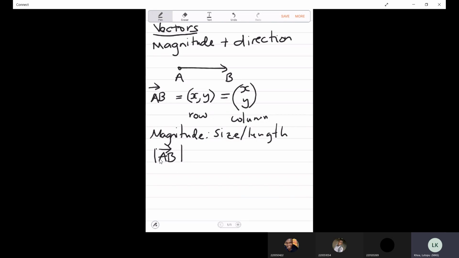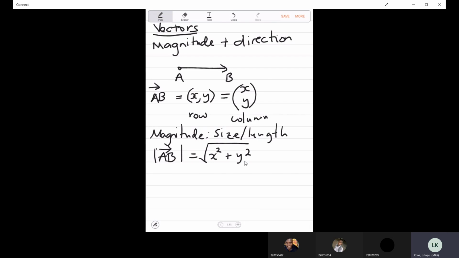And the way we calculate the magnitude of a vector is just x squared plus y squared, and then the square root of that. So it's like you're working out distance. That is the magnitude of our vector.